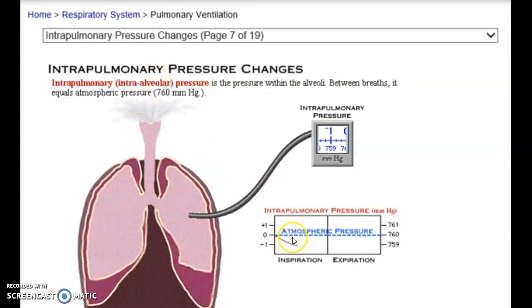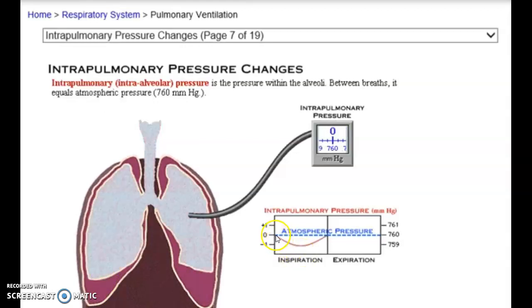So this is definitely an inspiration, bringing air in, just because we dropped the pressure by changing the size. If I'm making this a lower pressure, what I had to do size-wise is make the lungs bigger by contracting the muscles we talked about before.